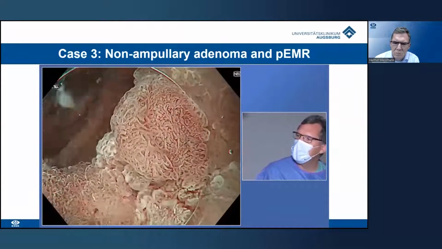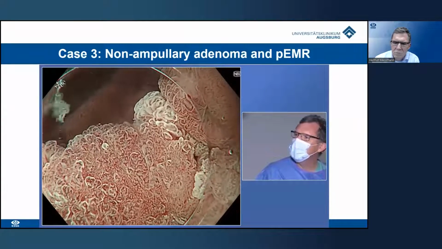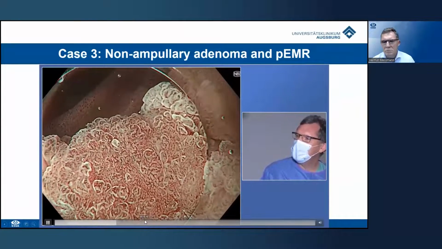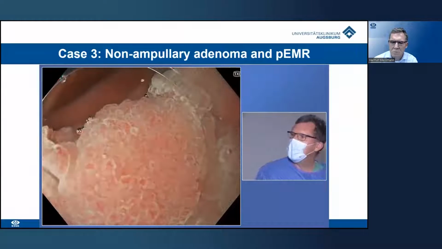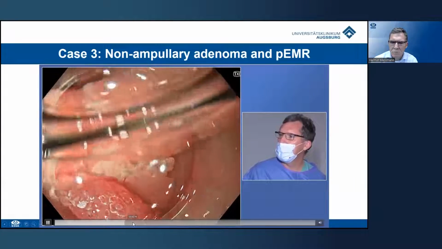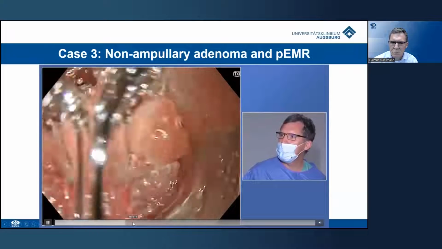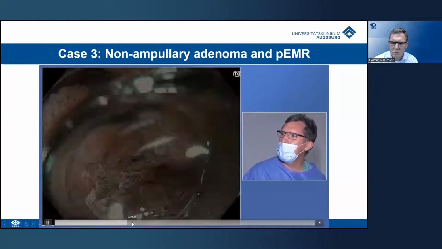This is also for me a sign there's no invasiveness. So I switch now to another mode. Now this is a TXI mode. So indeed this is in the center, but we now switch again back to NBI.